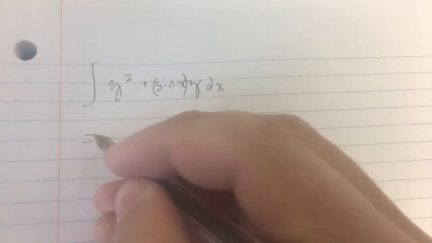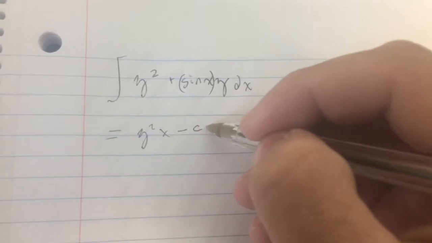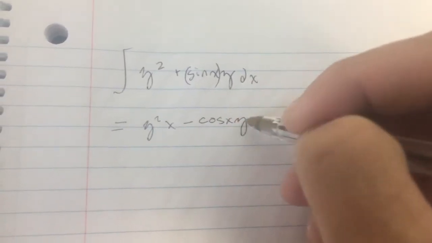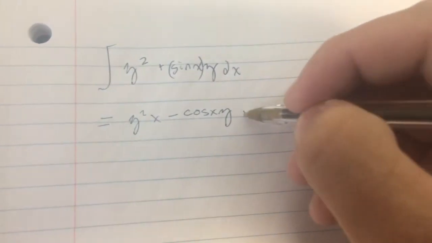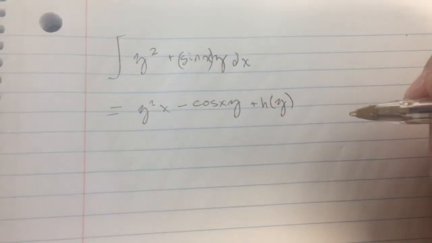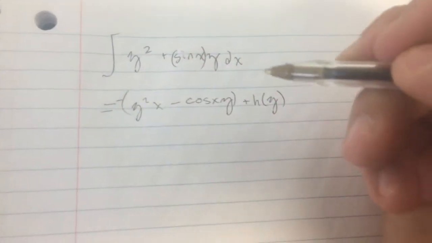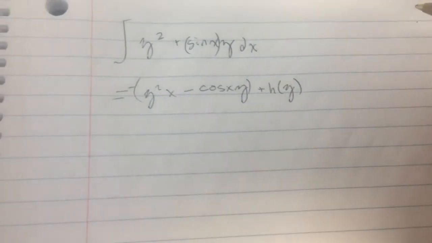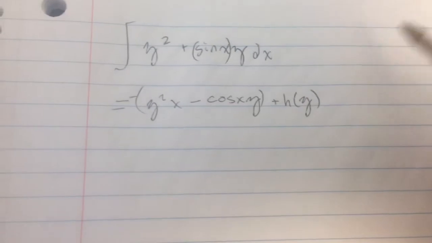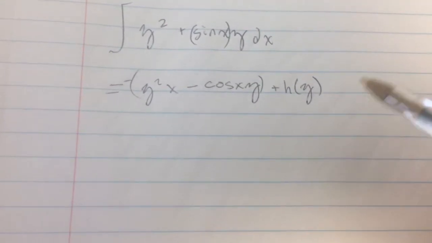And that will give us y squared x minus cosine xy plus h of y. That's all going to be negative because it was negative in our original problem. Sorry about that.